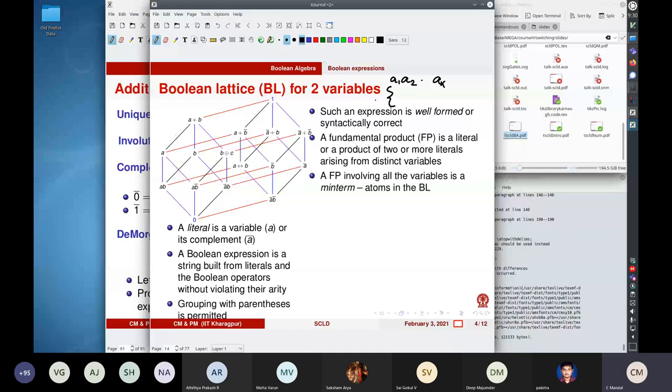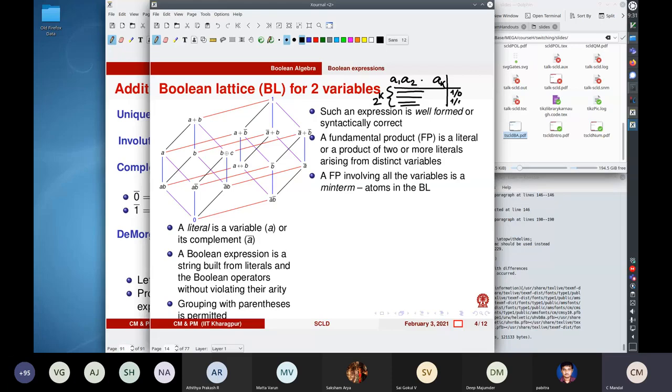You can have 2 to the power k possible min terms. All right. So if you construct that table, you are going to have so many rows, and each row will be either a 1 or a 0.